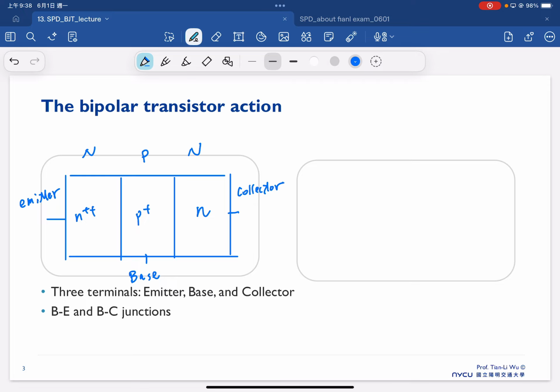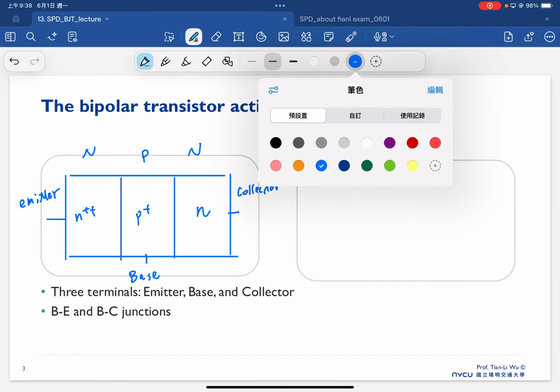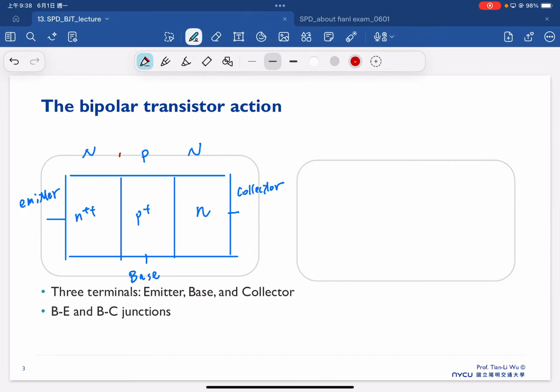And as you can see from this structure, we consider it as two PN junctions. We have one PN junction here and another PN junction here. So when we analyze the bipolar transistor, we have to focus on understanding these junctions.